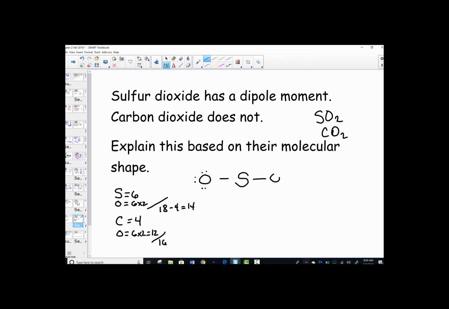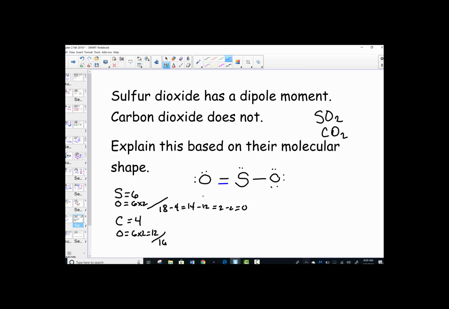That used up 12. There are 2 left. Therefore, we place them on the central atom. That gives me no electrons left. However, we see sulfur is not finished in terms of an octet. So I'm going to take one set of the electrons from either oxygen and make a double bond.